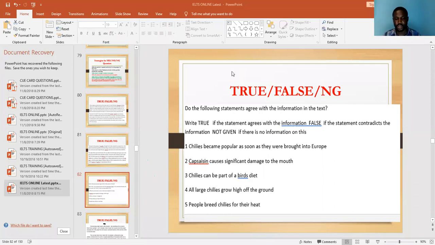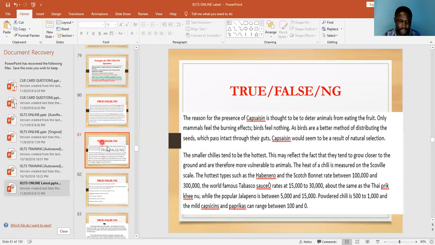Okay, now, this statement used the word can. It is not saying chilies are part of birds' diet. It's asking, is there a possibility that chilies could be part of birds' diet? So now if we go to the passage, it is saying, the reason for the presence of capsaicin is thought to be to deter animals from eating the fruits. Only mammals feel the burning effect. Birds feel nothing.